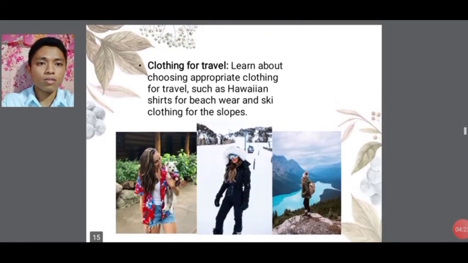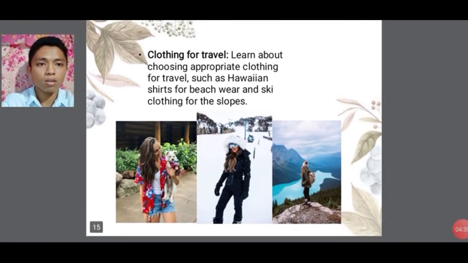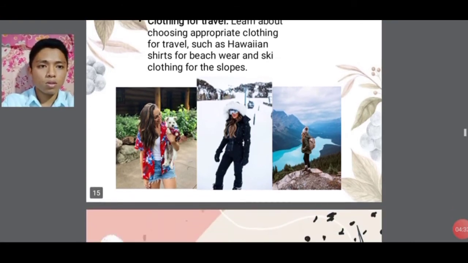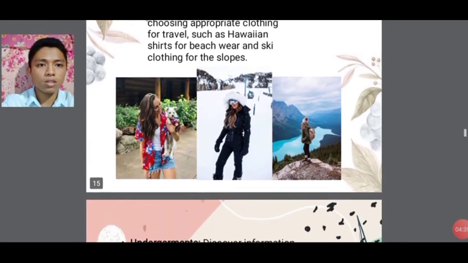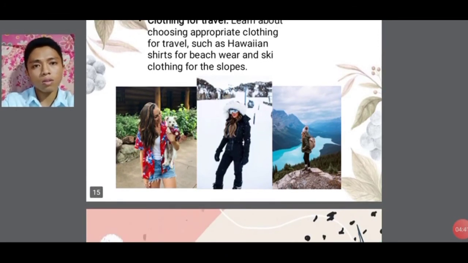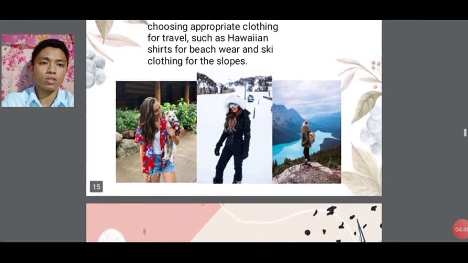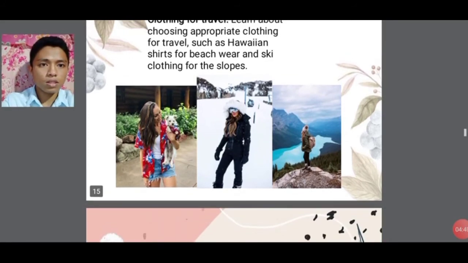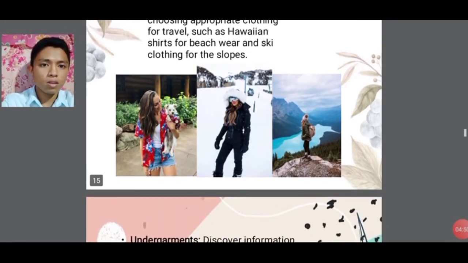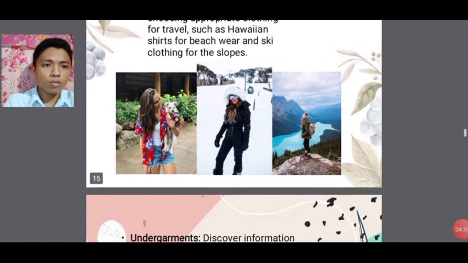So next is clothing for travel. Learn about choosing appropriate clothing for travel, such as Hawaiian shirts for beach wear and ski clothing for the slopes. So as you can see, for Hawaiian shirts, we tend to wear this kind of clothing on beaches. So shorts, and for the ski clothing, as you can see, it is needed because of the cold weather.